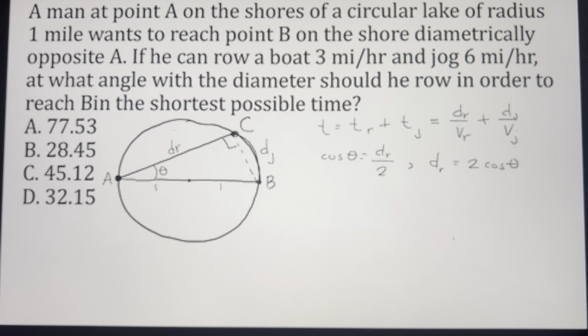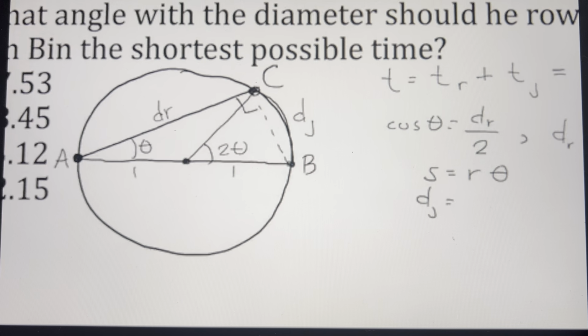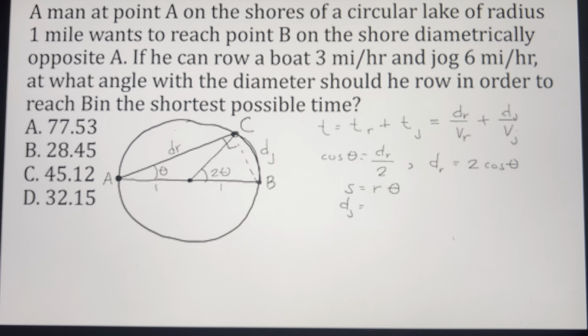So we have this theta, and using the theorem here, this is twice our theta. The distance we jog is an arc length, and arc length is r theta. So the distance we jog, d sub j, with radius equal to 1, is twice our angle.